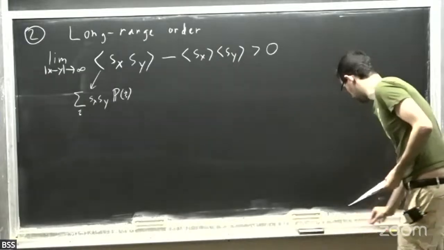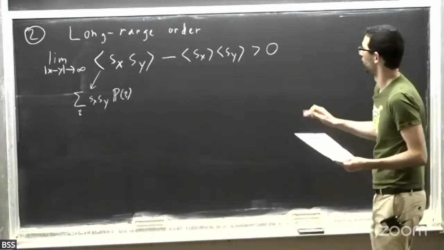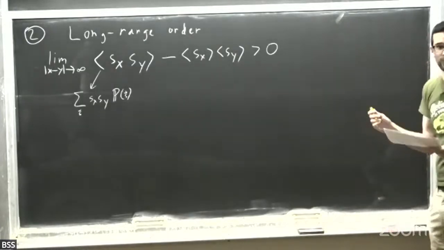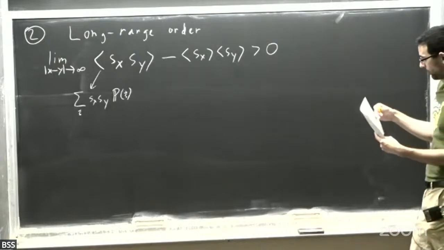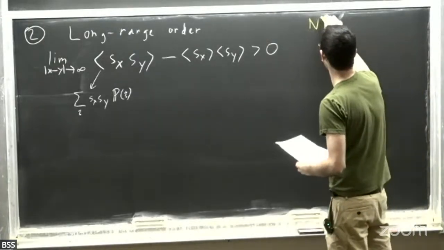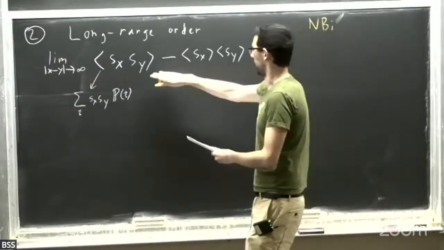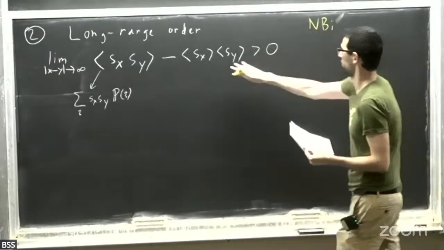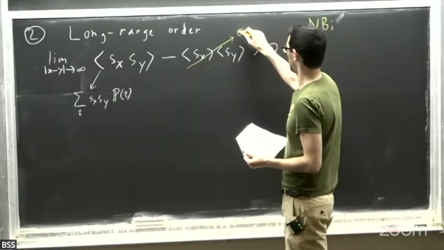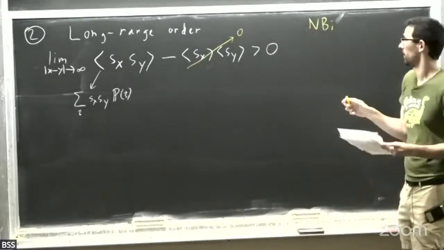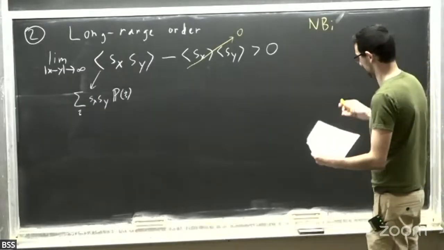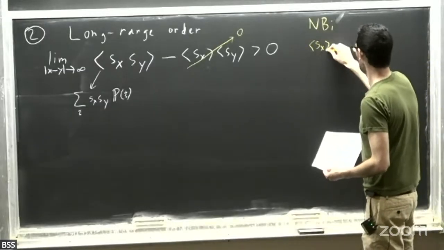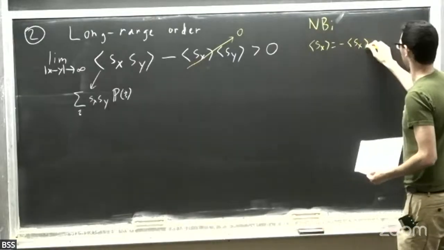And let me make a brief caveat that we'll return to shortly. Here, when I write down this formula, actually this second term just strictly vanishes, right? The ensemble has a Z2 symmetry, so that second term has to vanish.